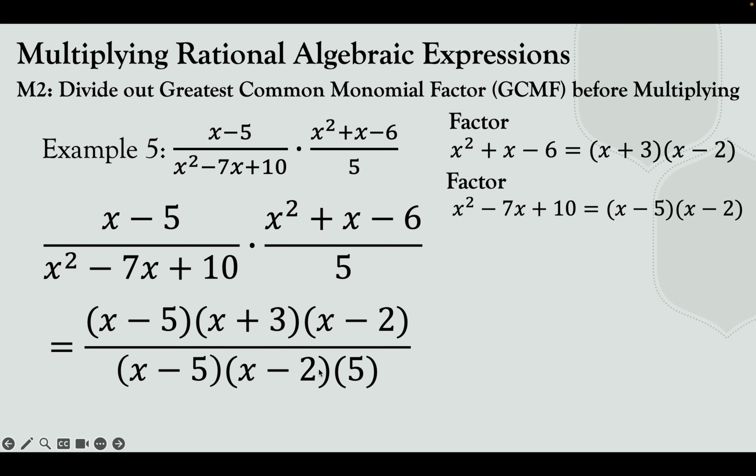Okay, so since we have terms that can be simplified, we can cancel out, for example, x minus 5 and x minus 2 as well. So the remaining terms here are x plus 3 over 5. So that is the simplest form in multiplying the given rational algebraic expressions.